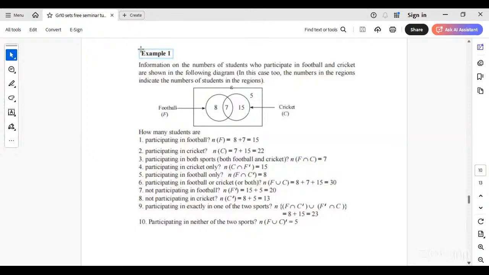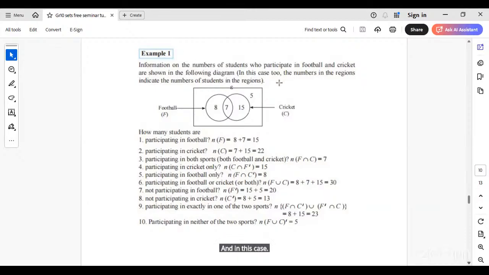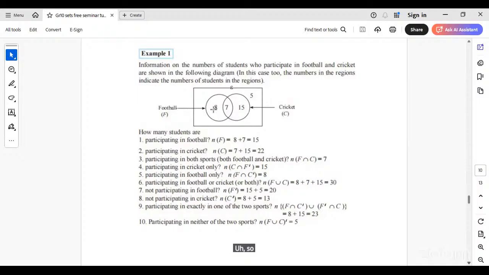Example 1 says the information on the number of students who participate in football and cricket is shown in the following diagram. The numbers in the regions indicate the number of students in the regions. Football has 8, here it's 7, cricket has 15 here, 7 here, and 5 outside.